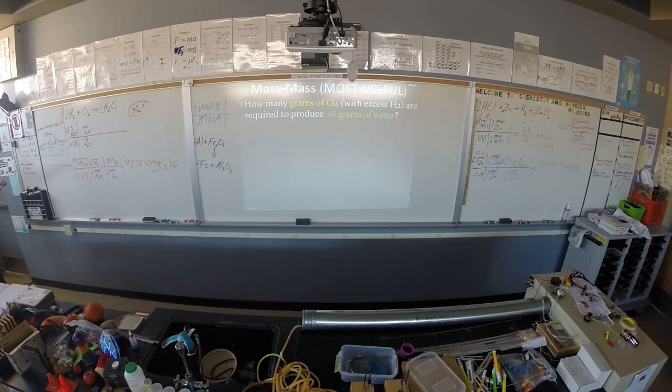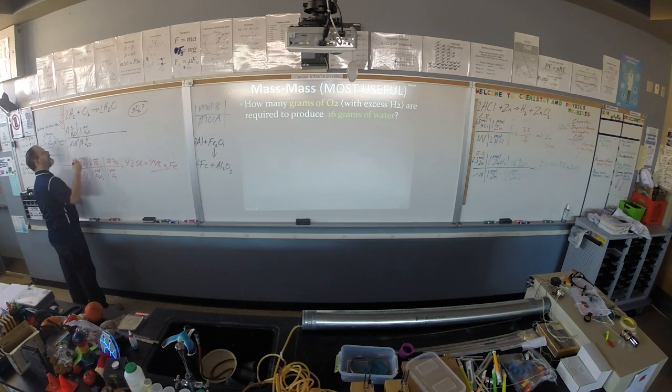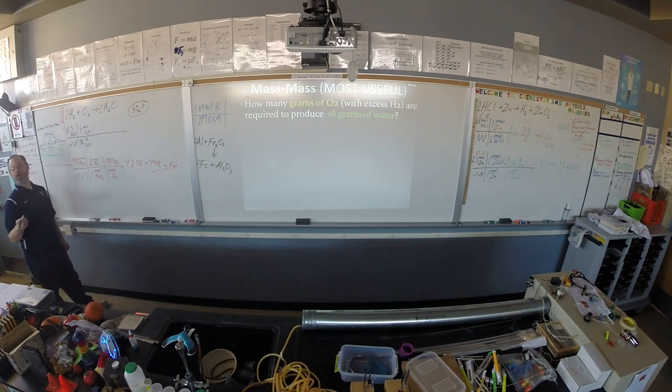The 16 came from the exercise. 16 grams of water. That just came from my given value for the exercise. How many grams of water are in 1 mole of water? 18. So in every 1 mole of water, there's 18 grams of water. Thank goodness for the periodic table, such a great tool. Now I got moles of water.